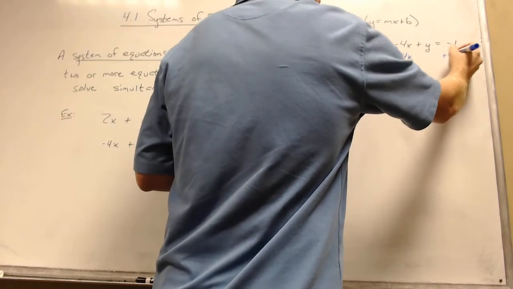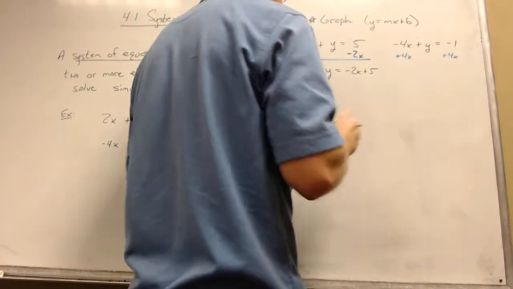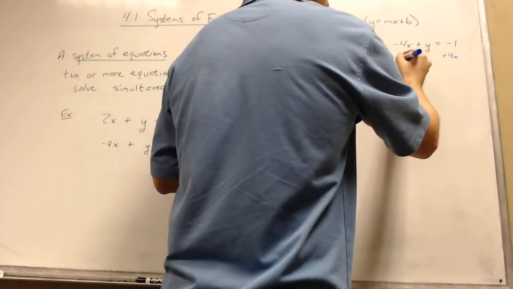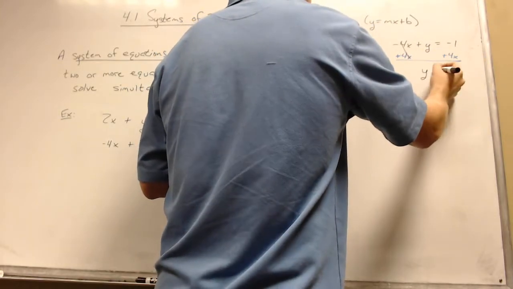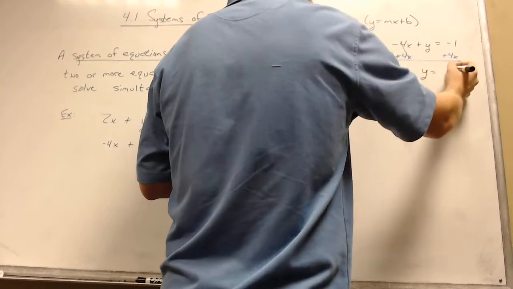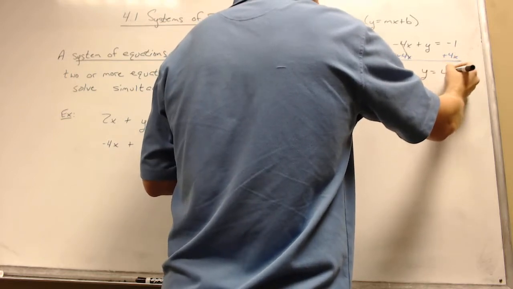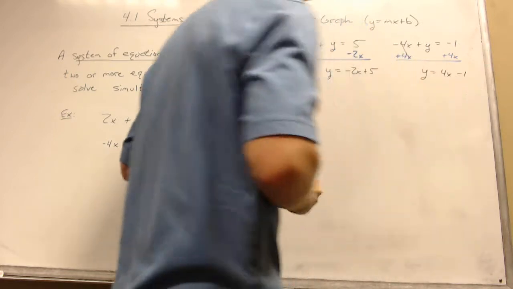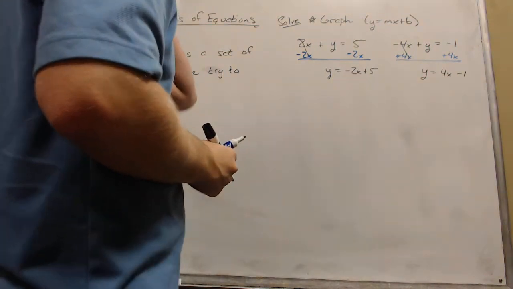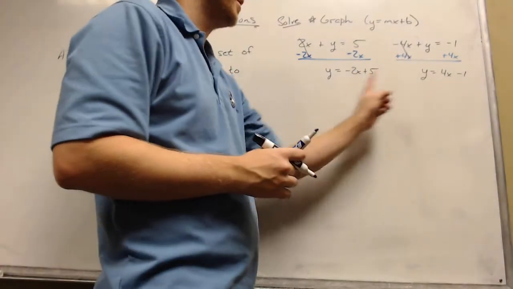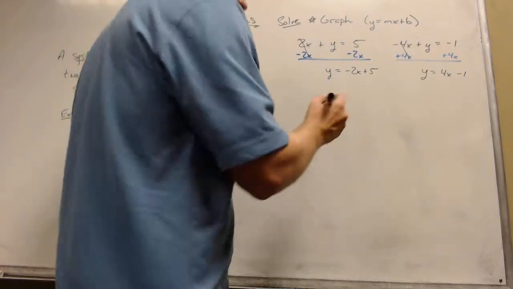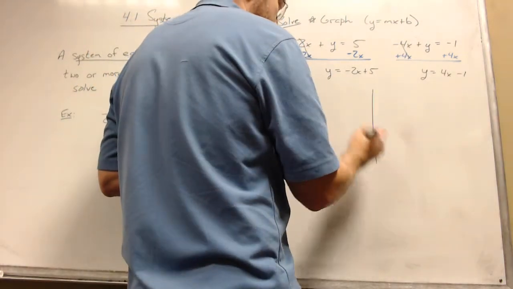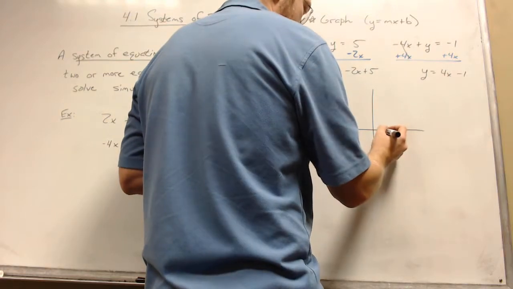Positive 4x. Y is equal to, these are not like terms, so we have a positive 4x and a negative 1. Now we have both equations of our lines in slope-intercept form, which means we can go to a graph and check out what's going to happen.